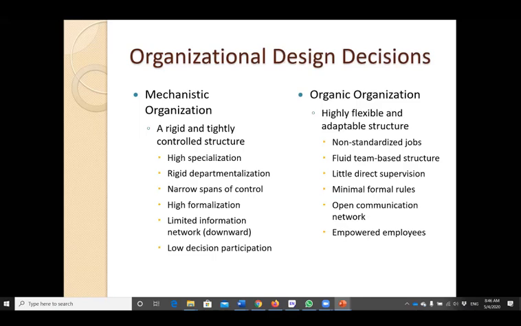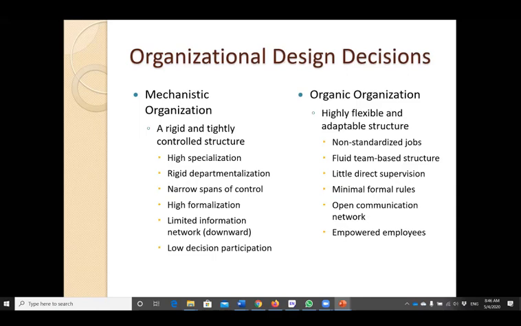The second characteristic of the organic organization is a fluid team-based structure. It will be based on the flow of information running through your operational processes to design the structure of your organization. Very flexible, right? It's fluid, team-based.